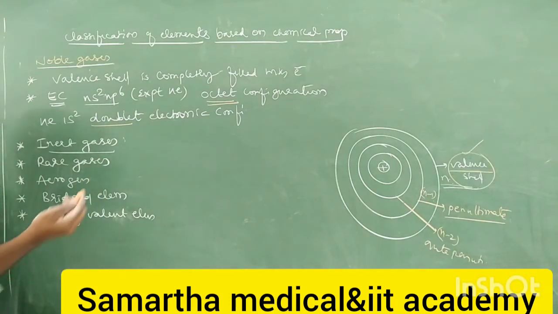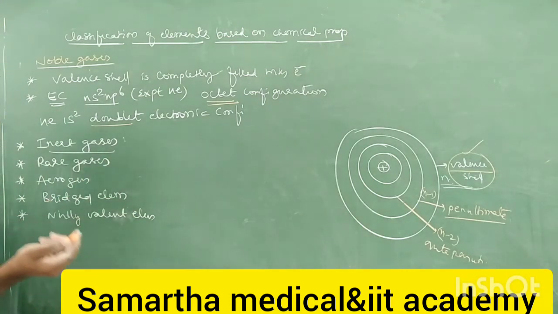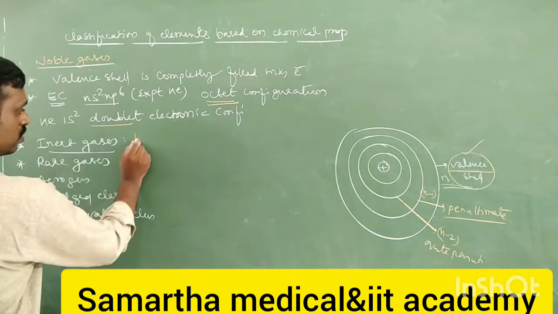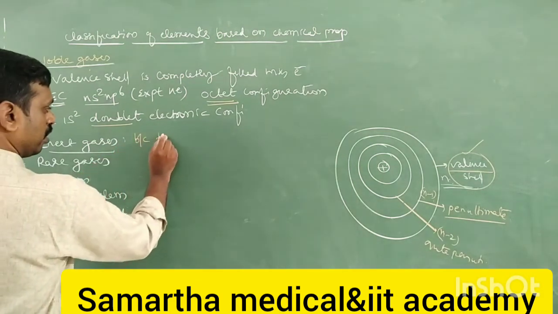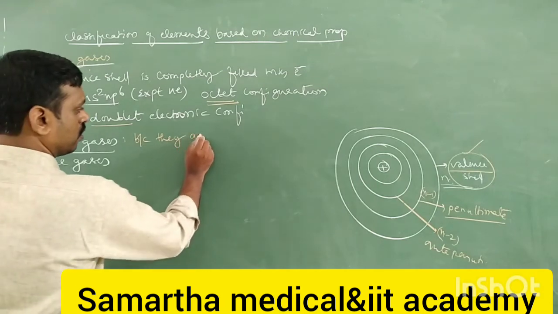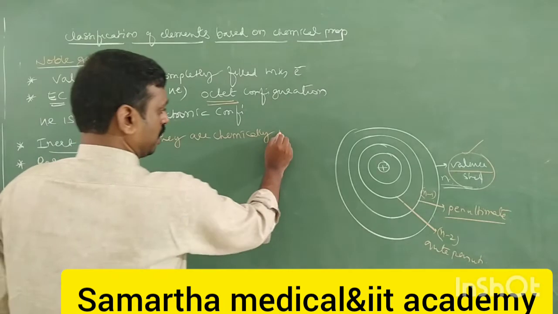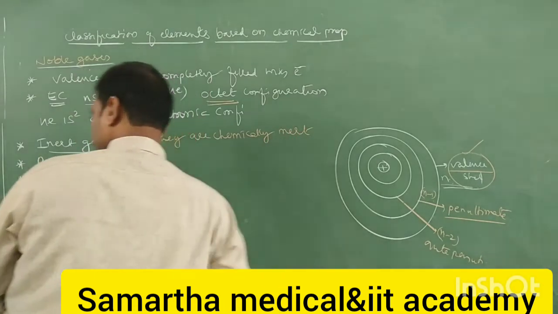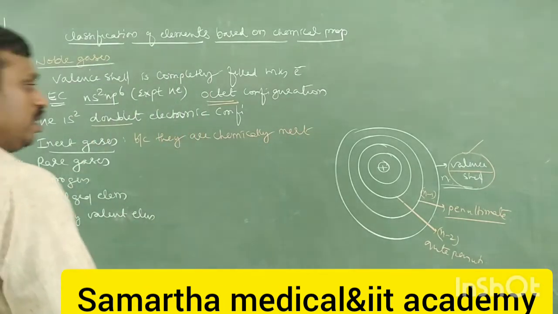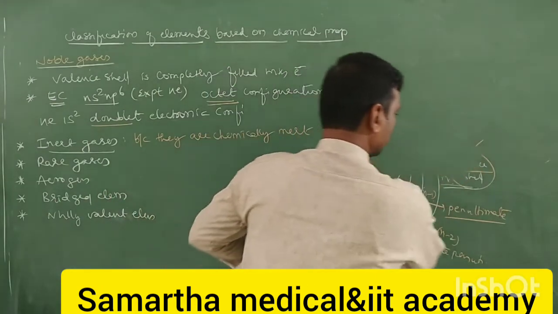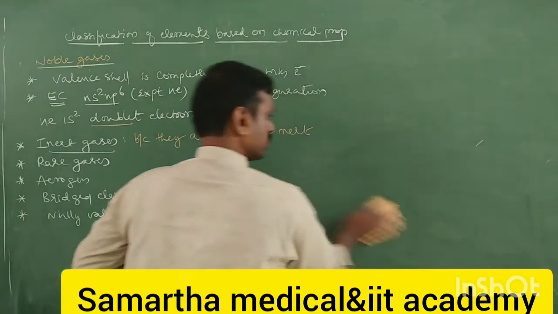And tell me why they are called inert gases. They are chemically inert, right? They do not react with any other elements. Can you tell me, they are chemically inert but can they form compounds?